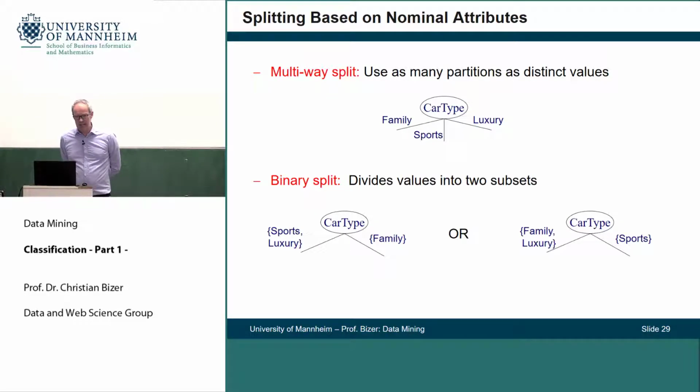So as I said, the ways how we split depend on the data type of the attribute. For nominal attributes, we could either have a multi-way split, each value of the attribute gets a sub-bucket, or we could have a binary split where we would somehow arrange the values into two groups. We are free in how we want to arrange the values.